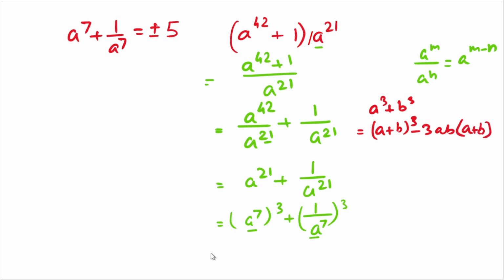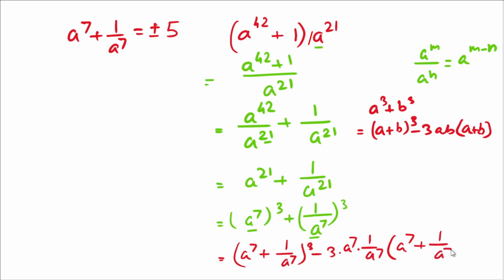So now according to this formula we'll write it here: a raised to the power 7 plus 1 over a raised to the power 7, whole cube, minus 3 times a and b, meaning a raised to the power 7 multiplied by 1 over a raised to the power 7, and in brackets we have a raised to the power 7 plus 1 over a raised to the power 7. Now let's simplify it.